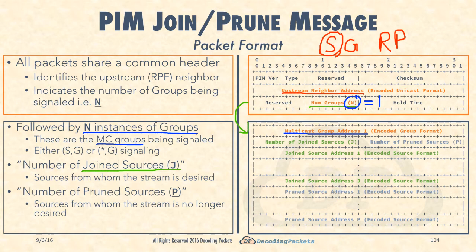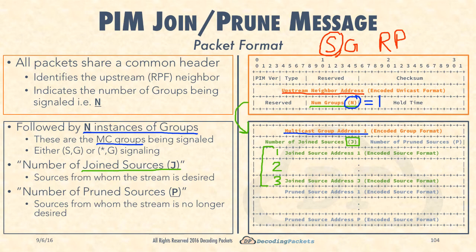So for my particular case, I'm signaling J number of sources. That means there are J sources contained therein, and each one of these is a separate IP. Suppose you want to join 3 different sources, you would have 1, 2, and 3 IPs here.